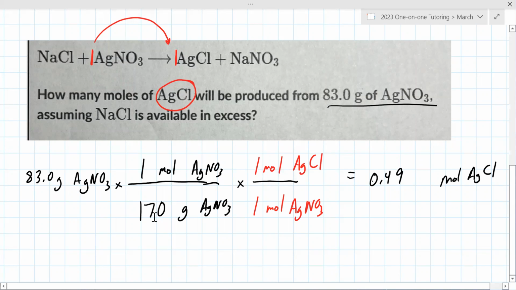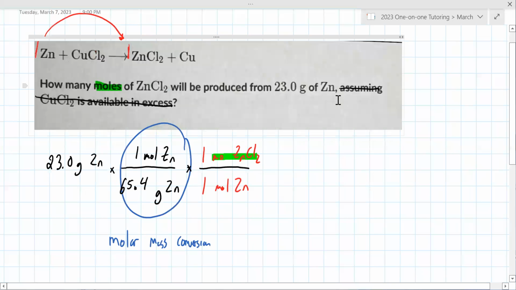I think I got number 3 wrong then. This was 0.35 moles of ZnCl2.